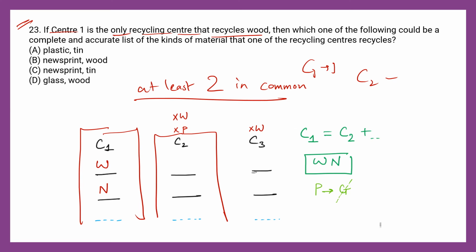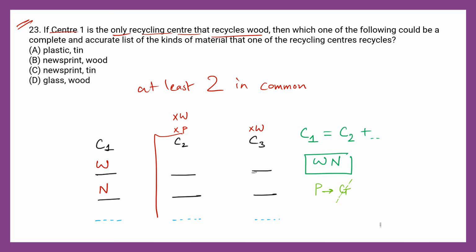But you definitely know that C1 and C2 have at least 2 things in common. We know in this case that W is not in common, right? So when I look at this part here, there is nothing in here. But that means definitely that you will have an N here, okay? And also, whatever is here will also be here, okay? That's something that's definitely going to happen.